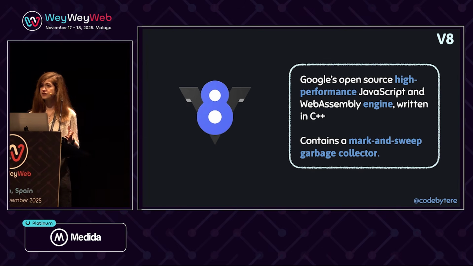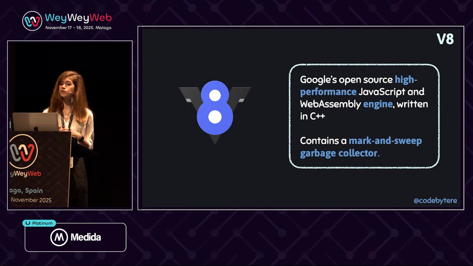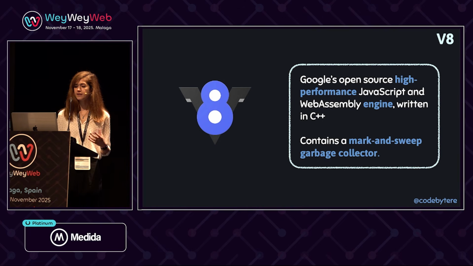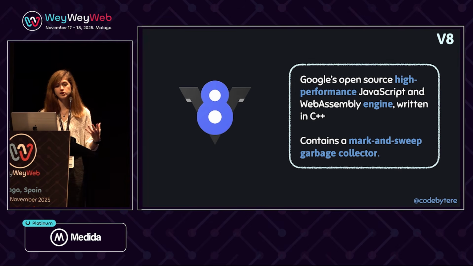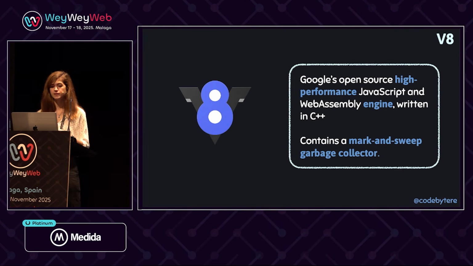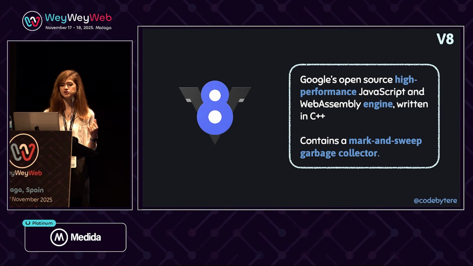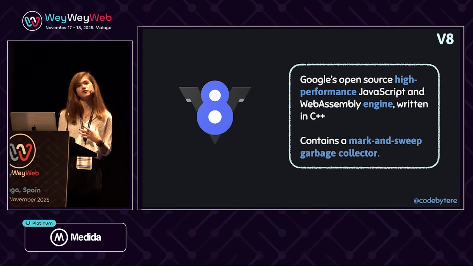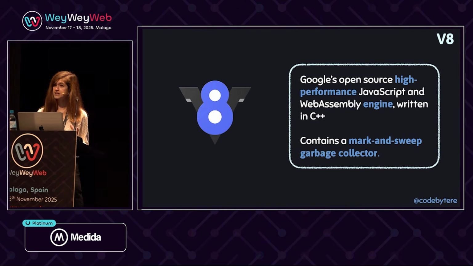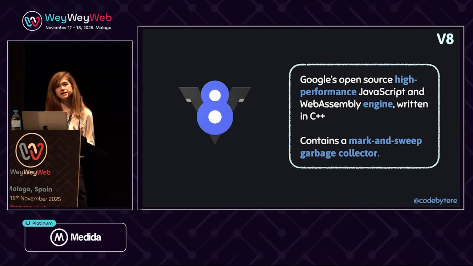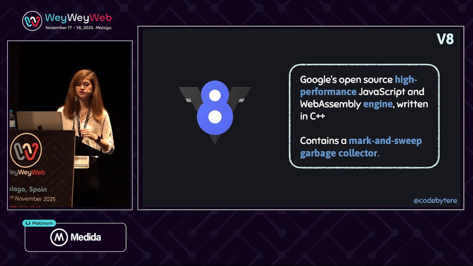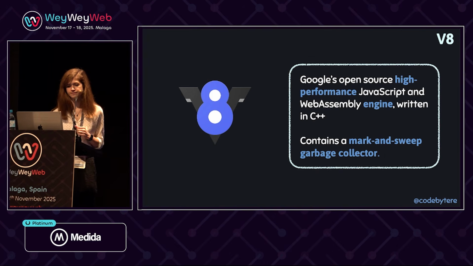To stay fast and efficient, it performs much of this work in parallel and concurrently with JavaScript execution, thus avoiding major pauses. It's also incremental, breaking large cleanup tasks into smaller pieces to prevent your app from freezing up. The goal is simple. We want to keep memory clean without you or your users ever noticing.